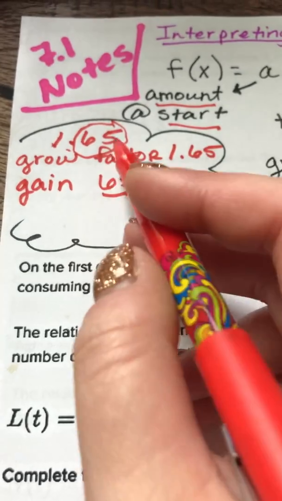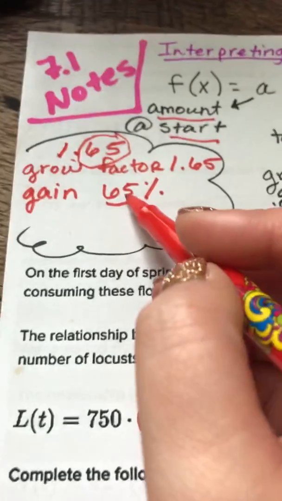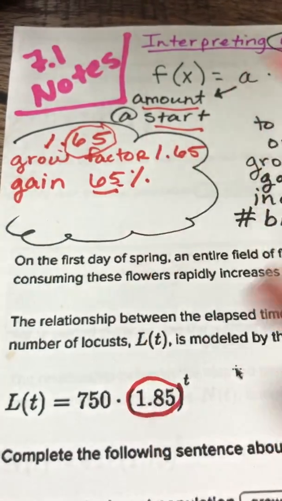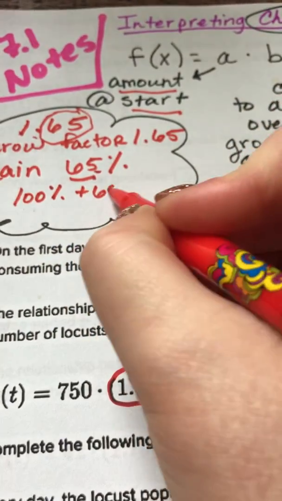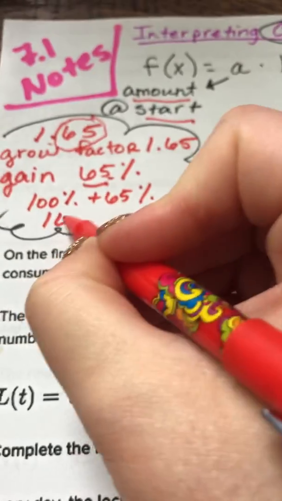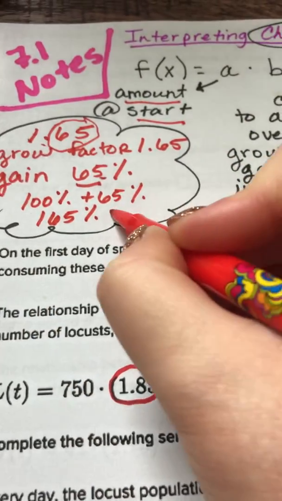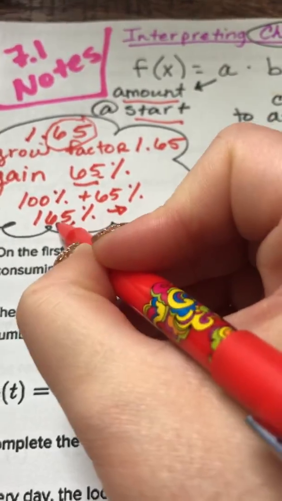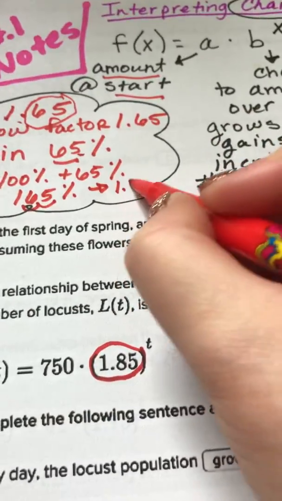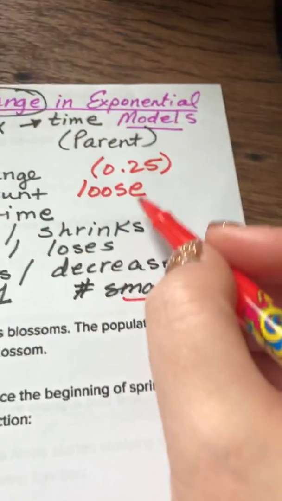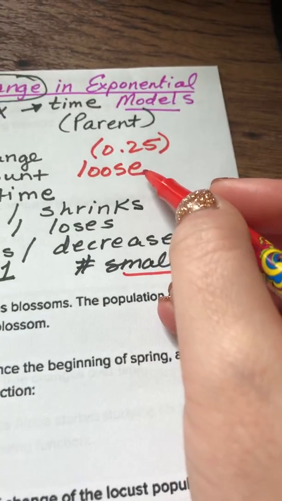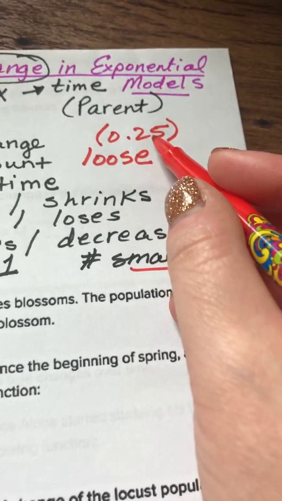Like this one, the reason this was gain 65% is because 100% plus 65% is 165%, and as a decimal, we move the decimal twice to the left to make 1.65. So this one, when I lose, I'm not losing 25%.